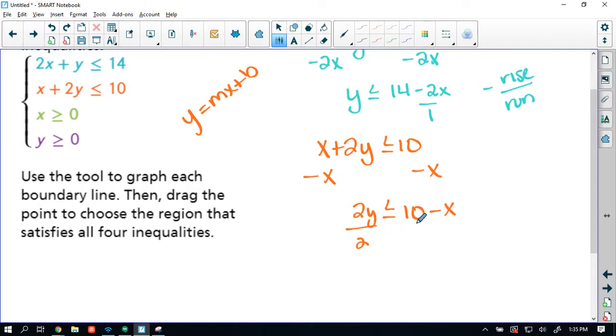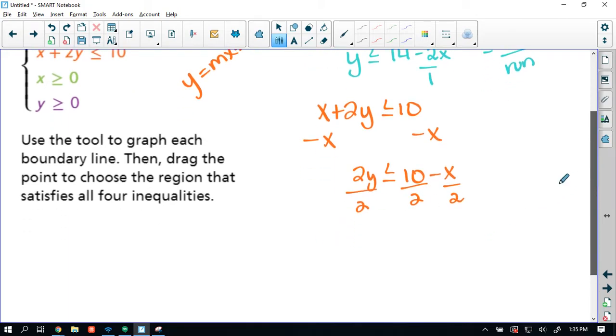And then I'm going to divide each term by 2. The reason I'm doing this is because, again, I want to get y by itself so I could get into that y equals mx plus b format. And the 1/2 comes because, remember, we're dividing every term. And so I pulled that out and made this a 1/2 x, so I know my rise and I know my run.